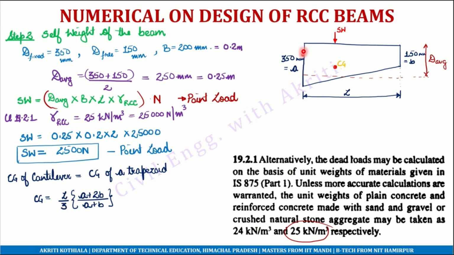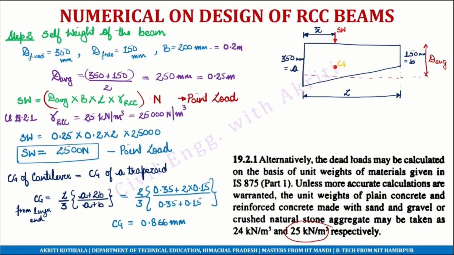Let's say the longer length is A and the smaller length is B. Substituting the values, we get 0.866 meters from the fixed end, or we can simply say this is the X bar value. So we have calculated the CG. Now we know that the self-weight of the beam is acting at a point 0.87 meters from the fixed end.